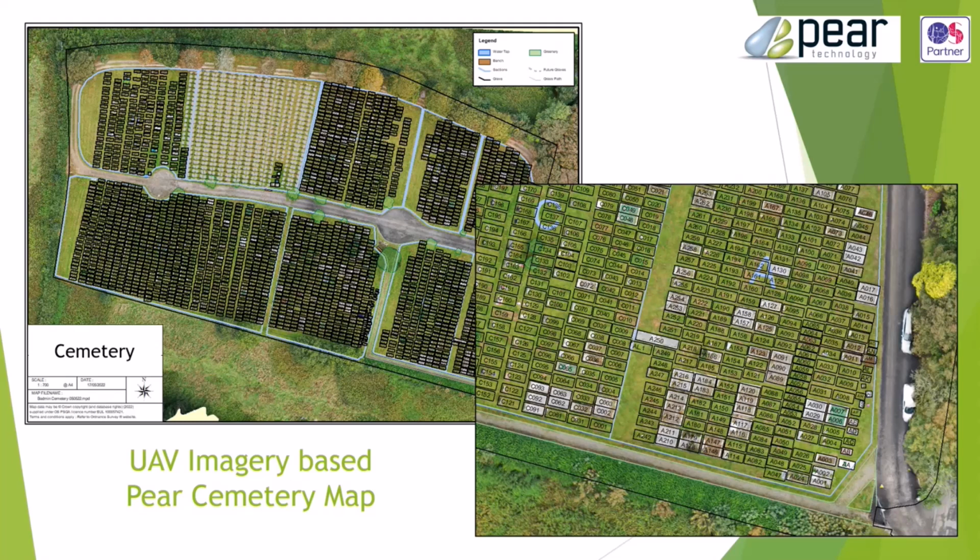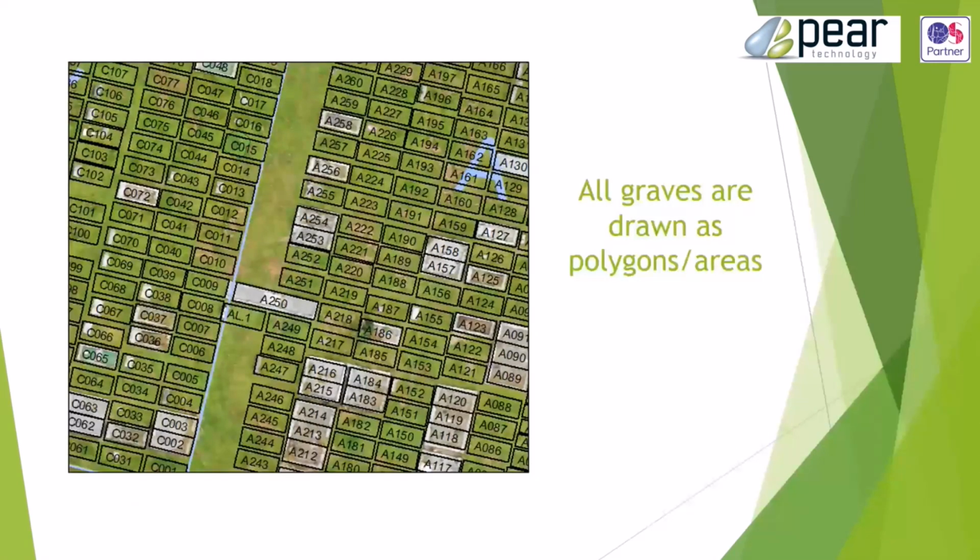So it's important to point out, as we zoom into the mapping so we can see that a bit clearer, all of the graves we've drawn on the map are drawn as polygons, as closed areas. Some basic mapping systems may just show you a map with points identifying each grave. Our mapping goes much further.